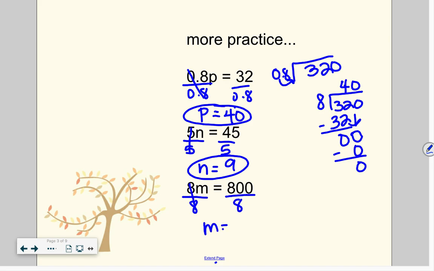M is going to equal 100. Any questions on those? Do we put a division sign? No, we use a fraction line to show division. Okay, showing a fraction line.